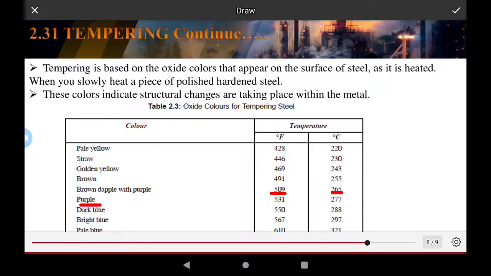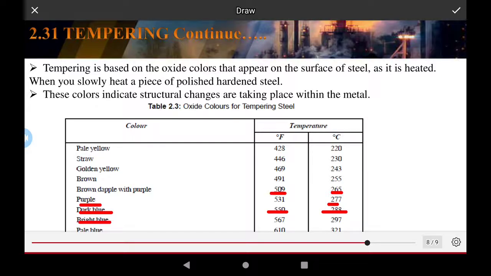Purple at 531 Fahrenheit and 277 degrees Celsius. Dark blue at 555 Fahrenheit and 288 degrees Celsius.